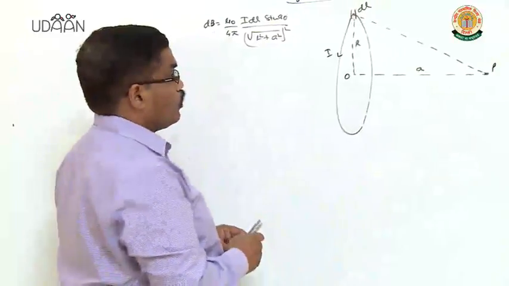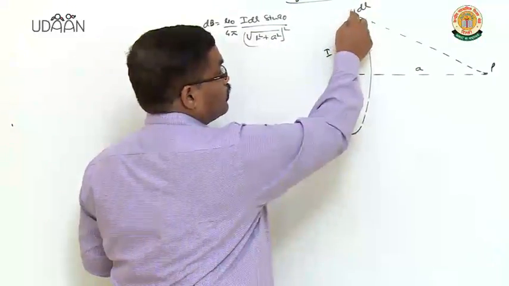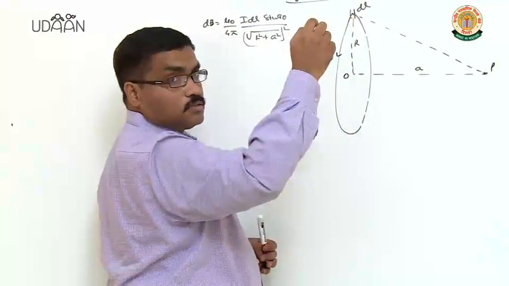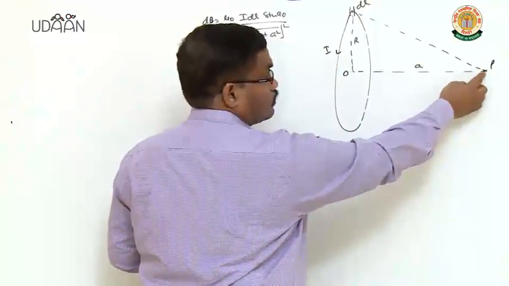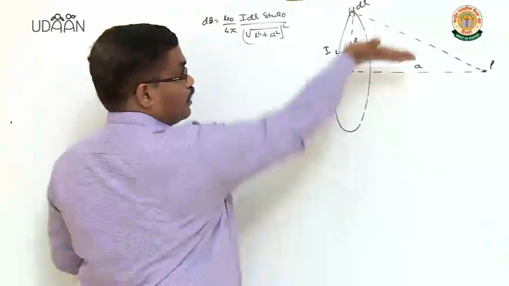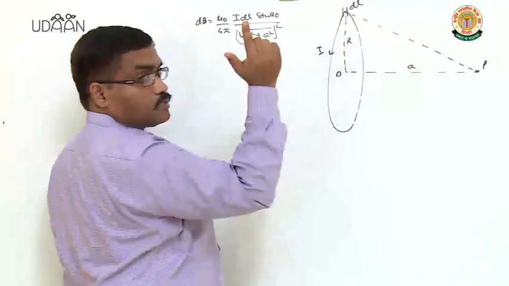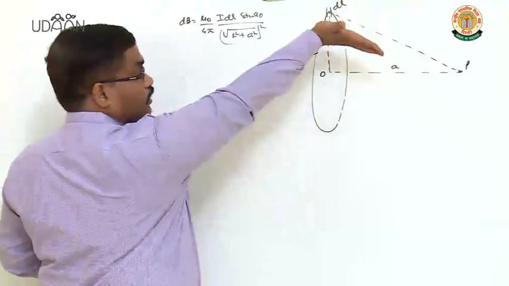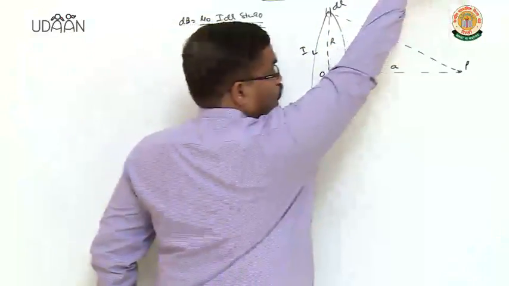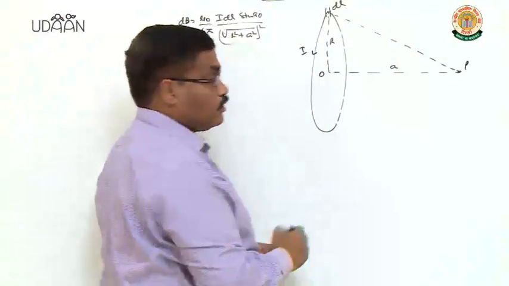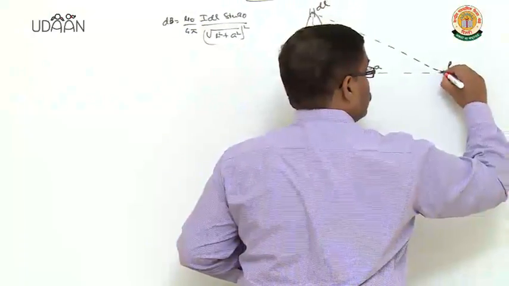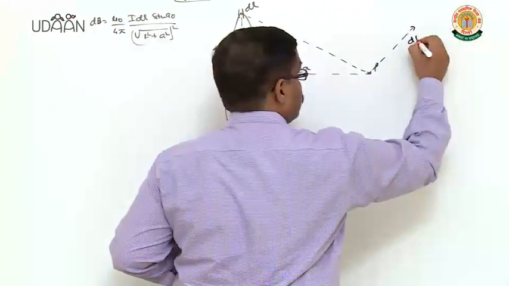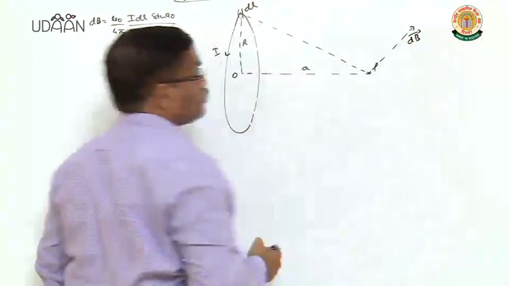Now if you look carefully at this particular element, the current will be flowing outward like this and you need to find the field at this point. So hold your hand like this, current is flowing in this direction, you need to find the field at point P. You will find that your field will be acting in this direction, or in other words, normal to the position vector, in this direction you will have vector dB.